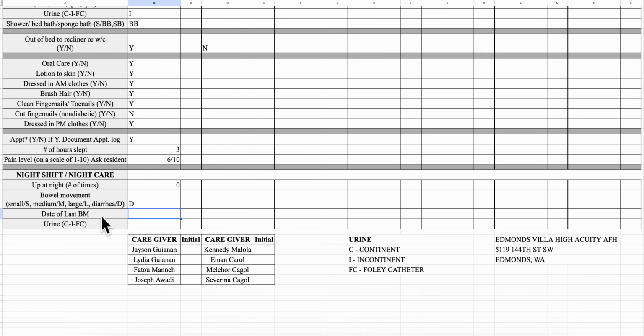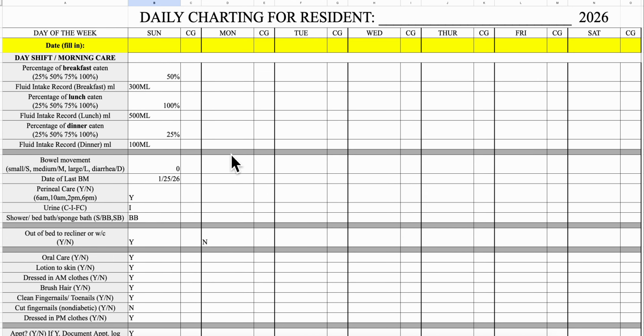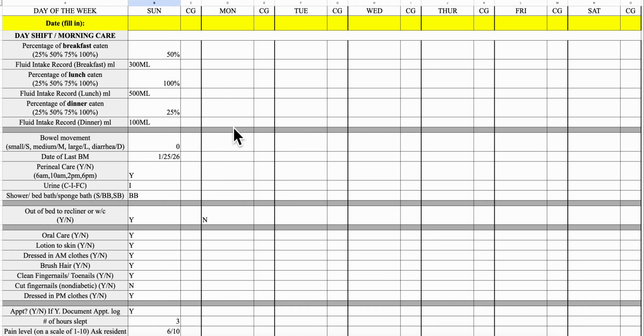So then, date of last bowel movement, I will put this down here as today's date, which is 1/28/26. And so then the person who is documenting the next day, on Monday, when they get to the bowel movement part, they will say maybe 0, the person did not poop.